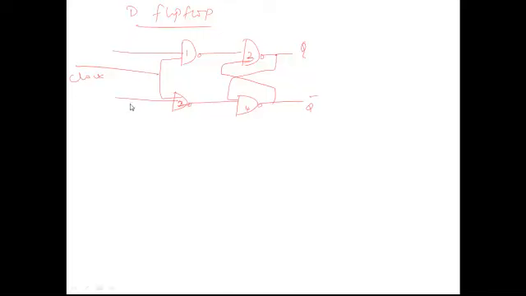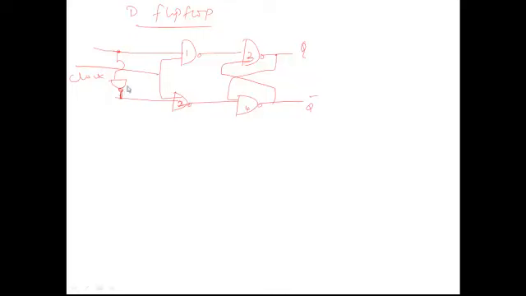The disadvantage of the SR flip-flop is that both the inputs should not be 1. So how can we overcome this particular disadvantage? By making both the inputs take two different values. You give only one input and the other input is the complement of the first input.